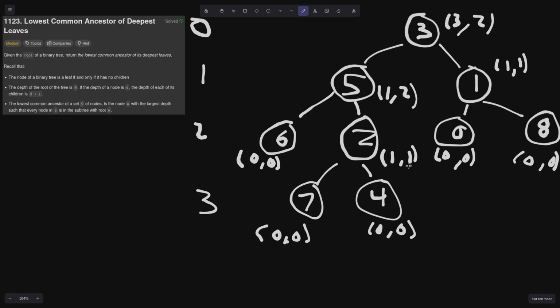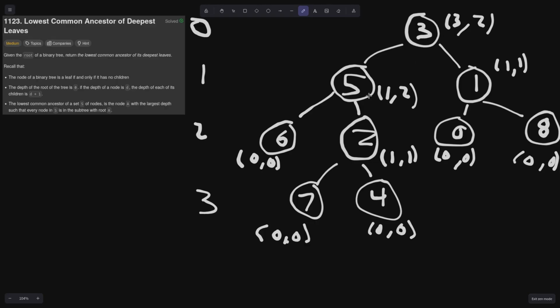And what do I mean by that? Let's look at 3, 2 up here. We know this won't be the lowest common ancestor because they have different depths. That means that one side is deeper than the other, and thus that can't be the lowest common ancestor, because we can come down the tree.